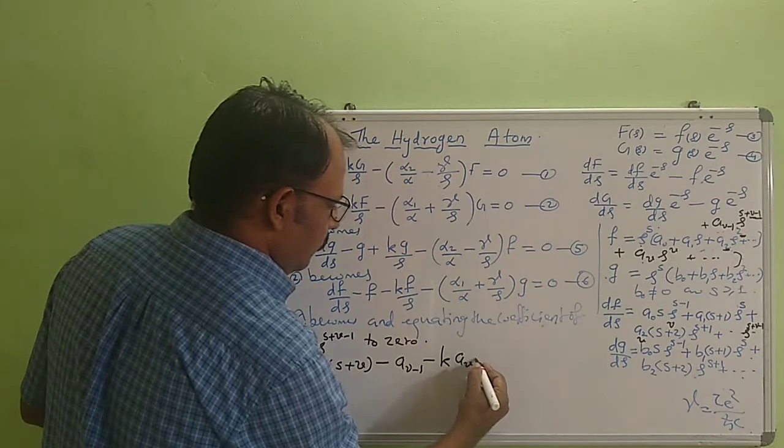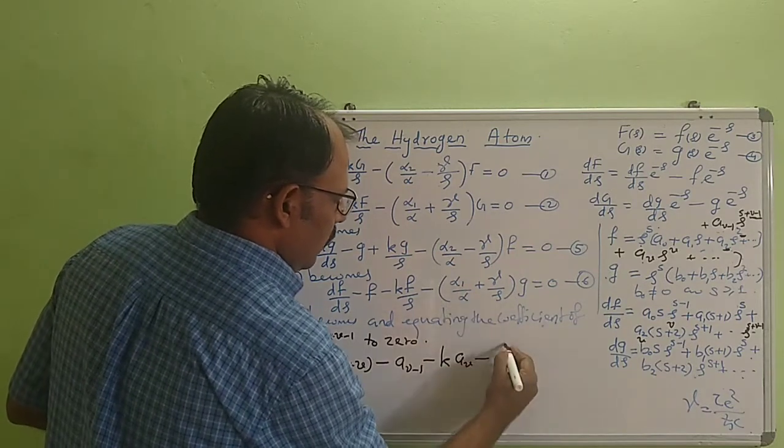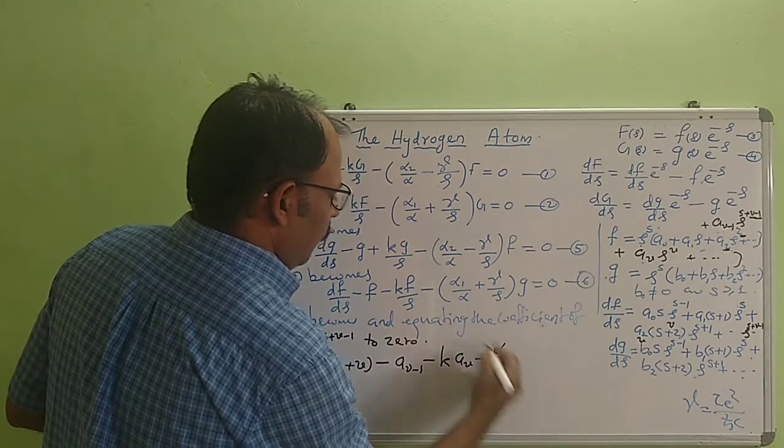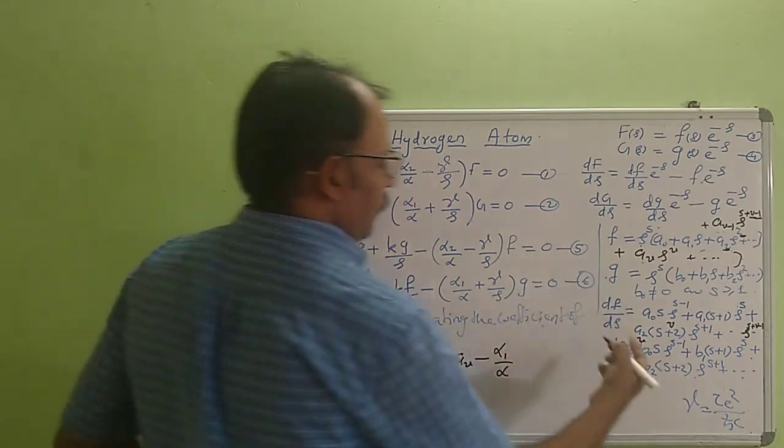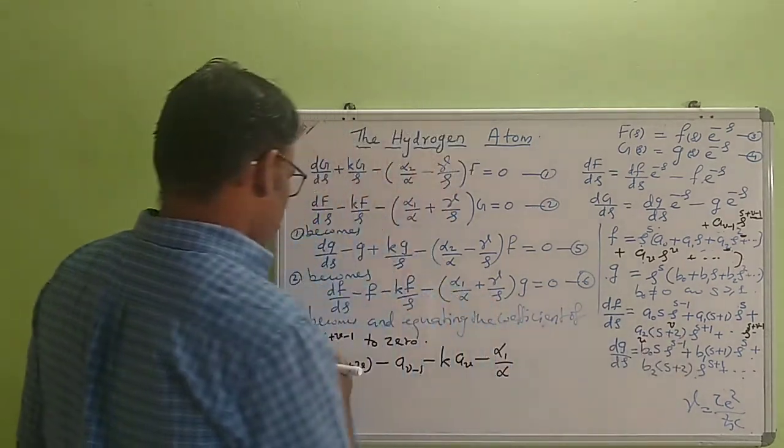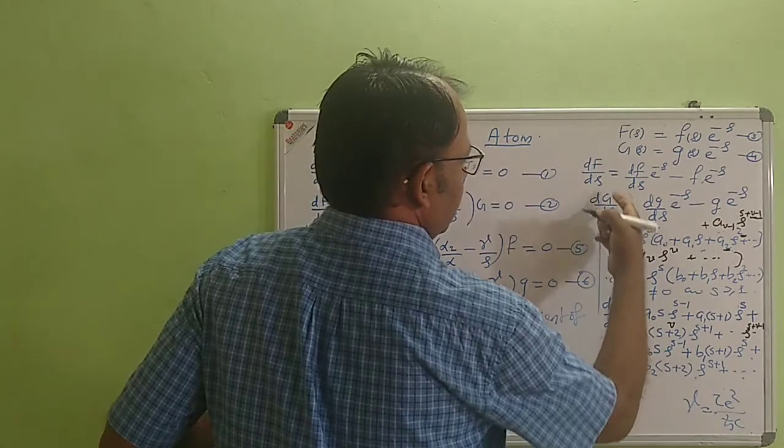Then minus alpha 1 by alpha g. Coefficient of rho raised to s plus v minus 1 in g.